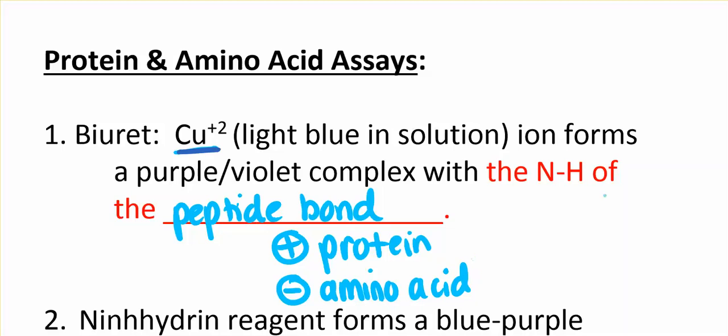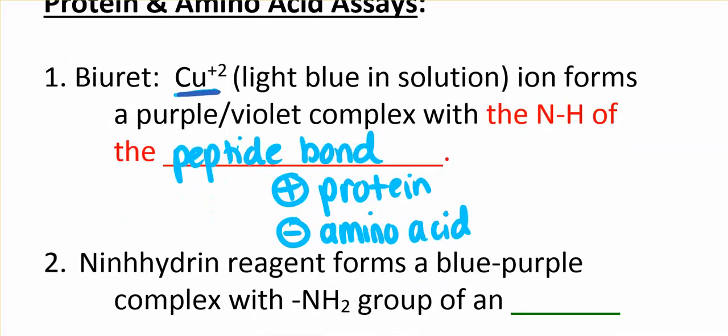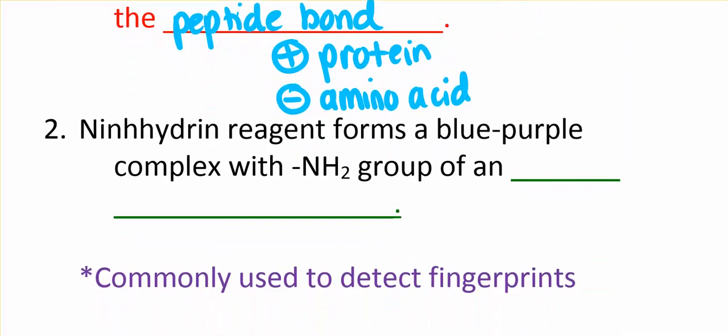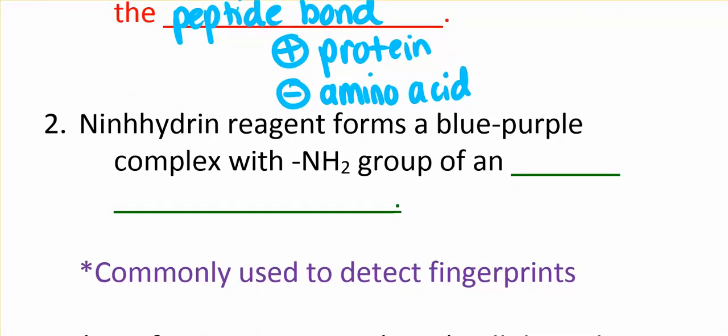On this test, when it forms this color, it goes from light blue, sometimes it just goes to darker blue, or just slightly more purple looking. Next, ninhydrin. Ninhydrin reacts with a free amino group. This NH2 group is called a free amino.